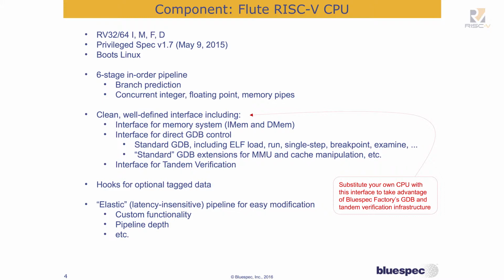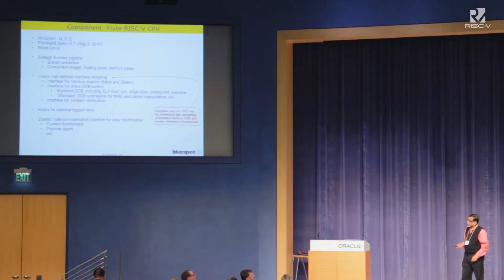That interface has been very cleanly defined, independent of what's inside the box. So you could substitute in your own CPU there and exploit all these infrastructure features around it that allow you to connect to GDB and tandem verification and so on. As part of the Draper project, we've also added general support for tag data throughout the system.